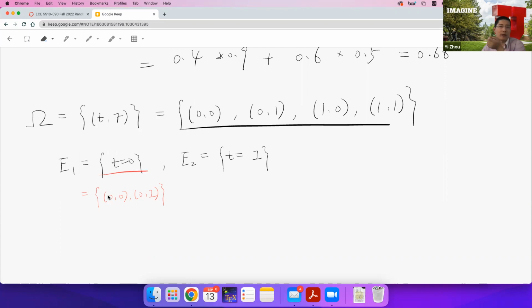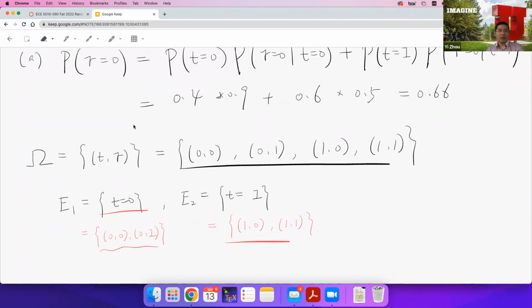And for E2, T equals 1, it corresponds to these two outcomes. Each event has two different outcomes, and they form a partition of the omega space.